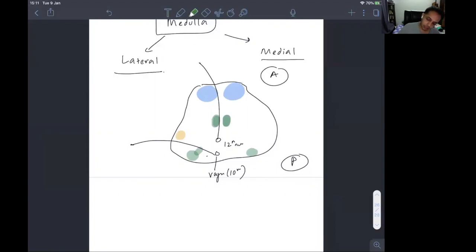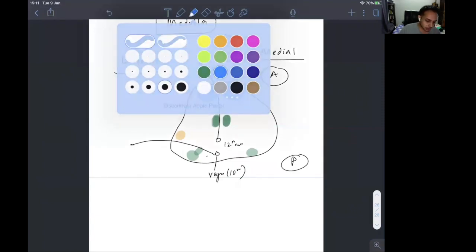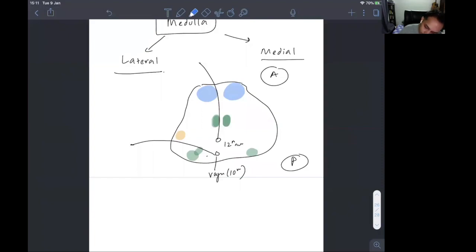Okay, what else is there in the medulla? You also have your sympathetic system. I will take the sympathetic system in another class, but for now, just remember that your sympathetic tract is also there in the lateral part of the medulla.